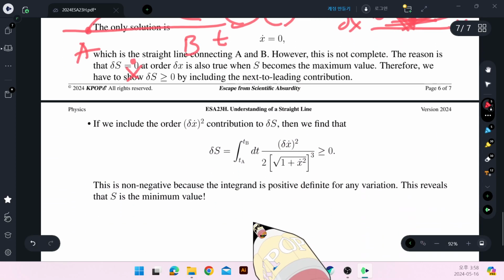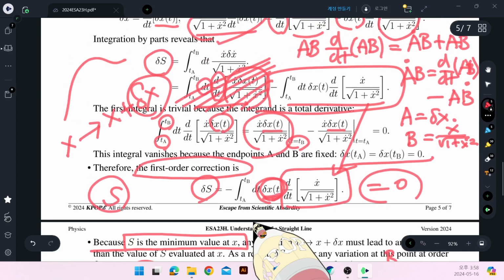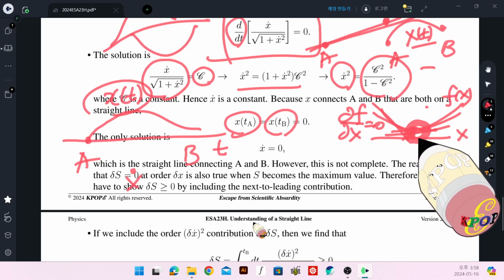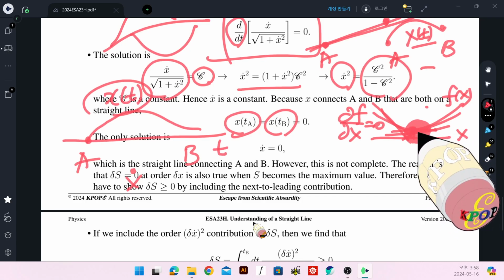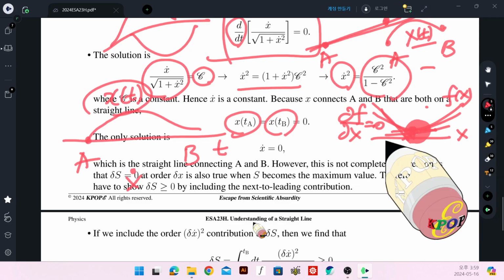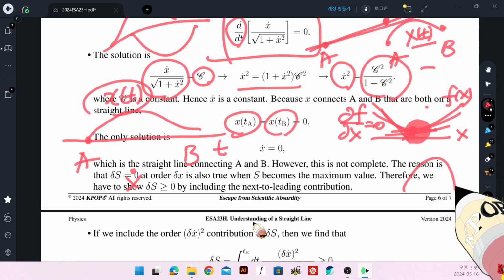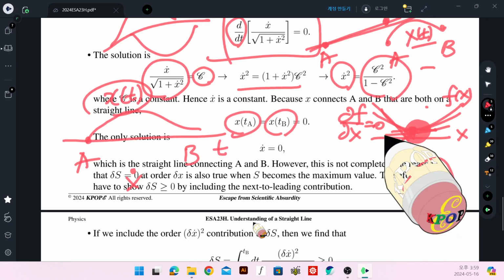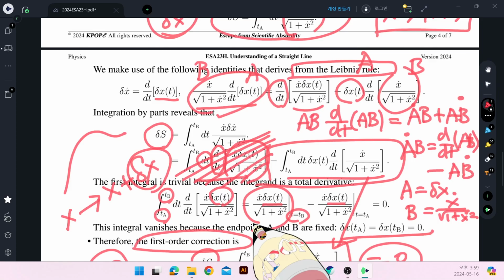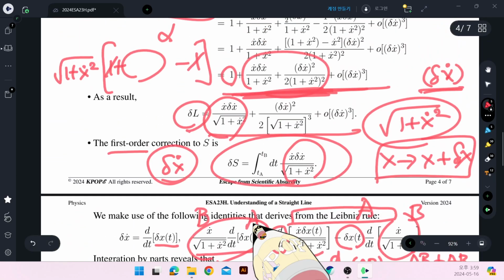Okay, so next we consider the second order contribution, because this derivative vanishing constraint does not say this function is a minimum. It is either a minimum or a maximum. The only way to check whether it is a minimum or a maximum is to compute the second order derivative. The second order derivative can be evaluated by making use of our previous result.